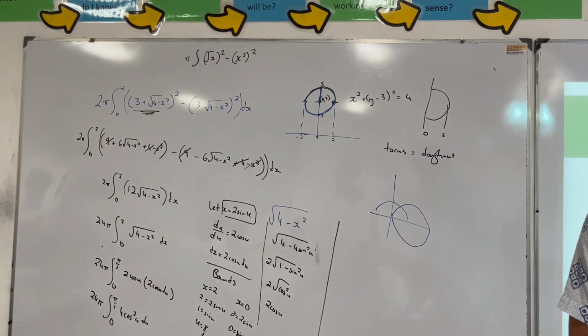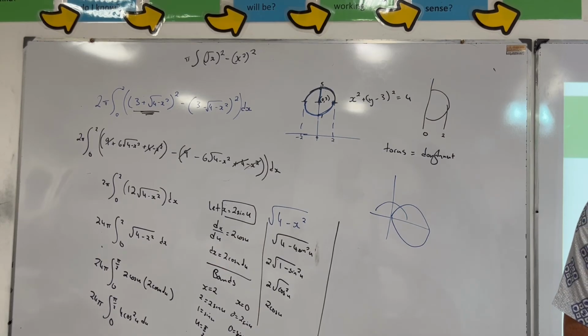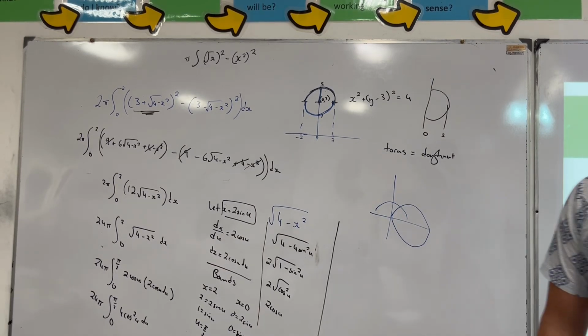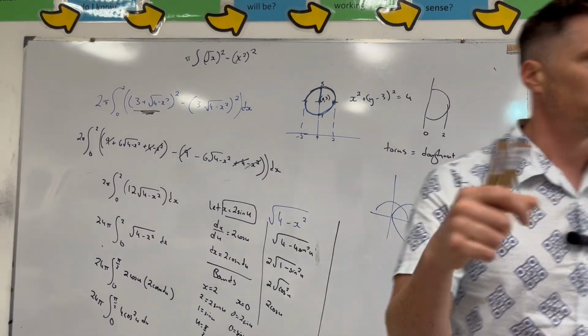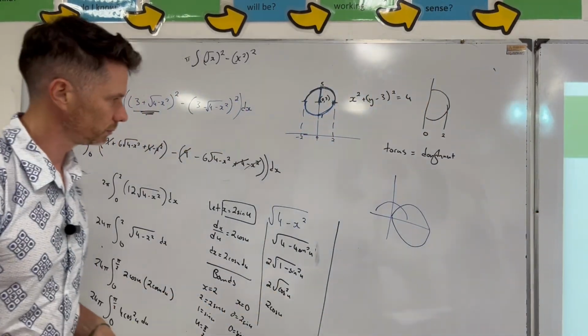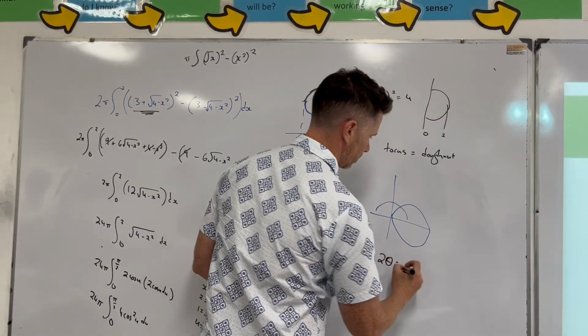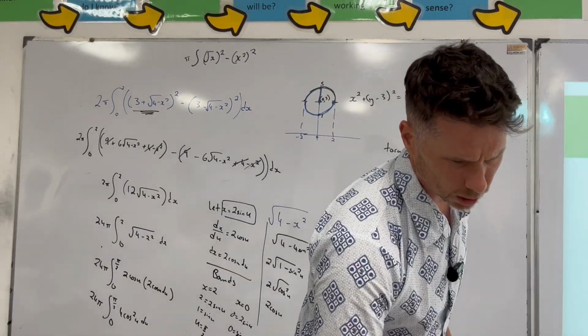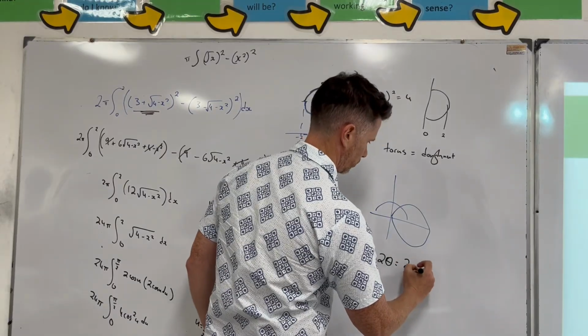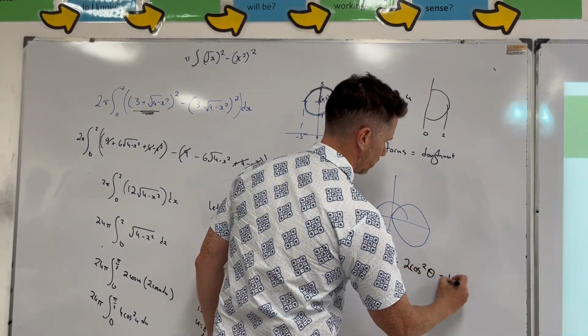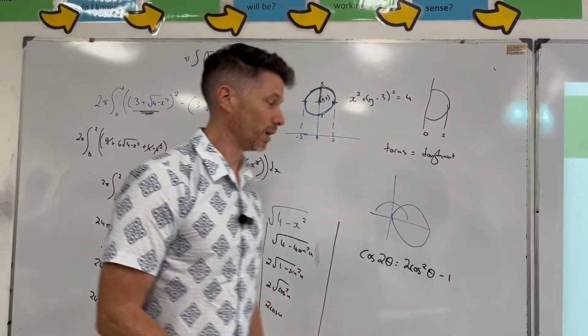So you go to your trig in your formula booklet. You go, right, I want a relationship that turns cosine squared into a double angle. I think if you look in your formula booklet, you have this one at some stage: 2 cosine 2u, 2 cosine squared theta minus 1, isn't it? Yeah, that one's in there.